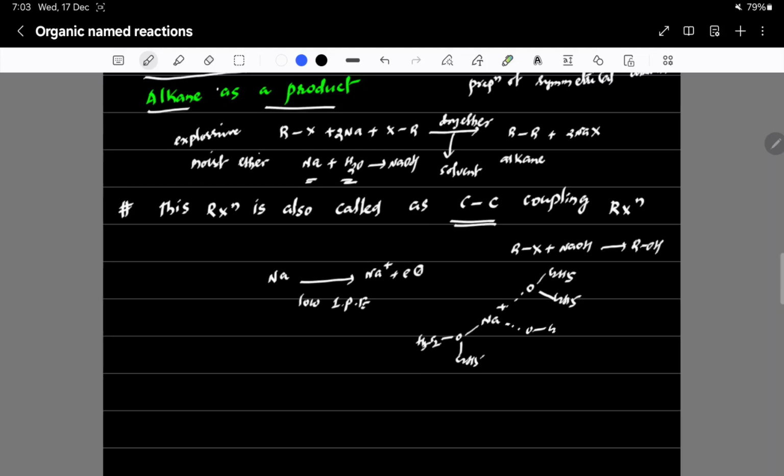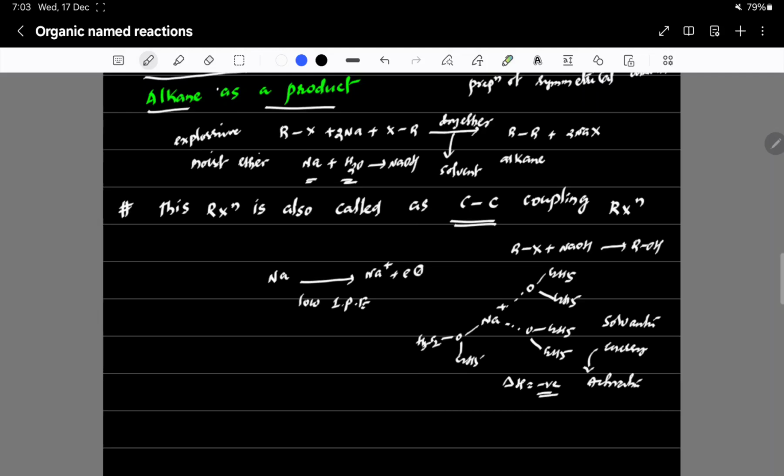If water is used as a solvent, generally we will call it hydration enthalpy. But here we are using another solvent, so generally we will call it solvation. In this process it releases solvation energy. This solvation energy is converted into activation energy. Usually this reaction is an exothermic reaction only. It will release energy in this process.